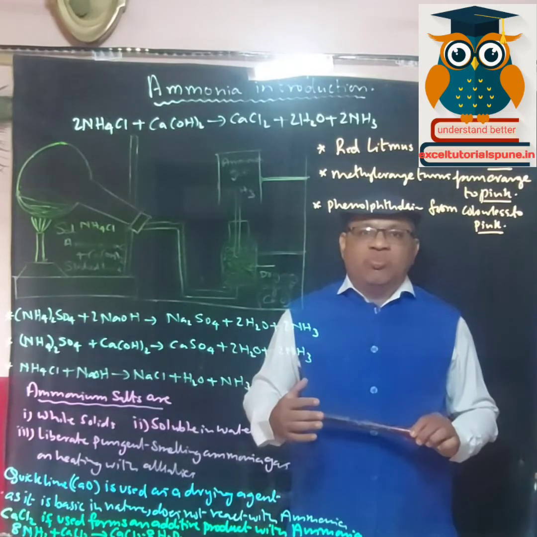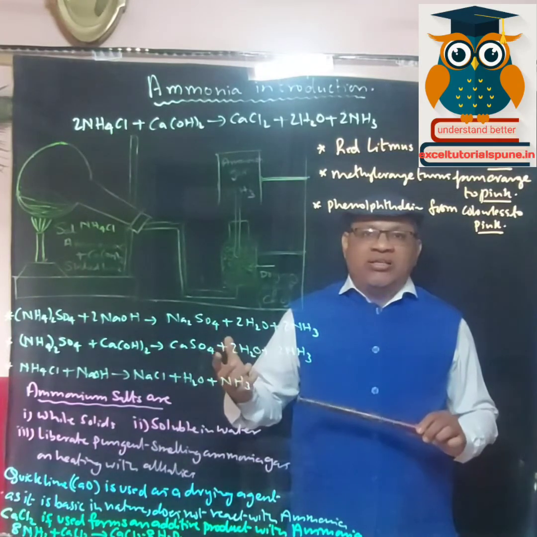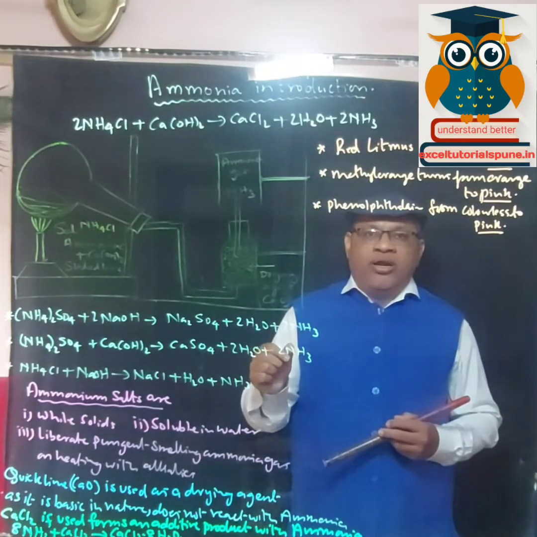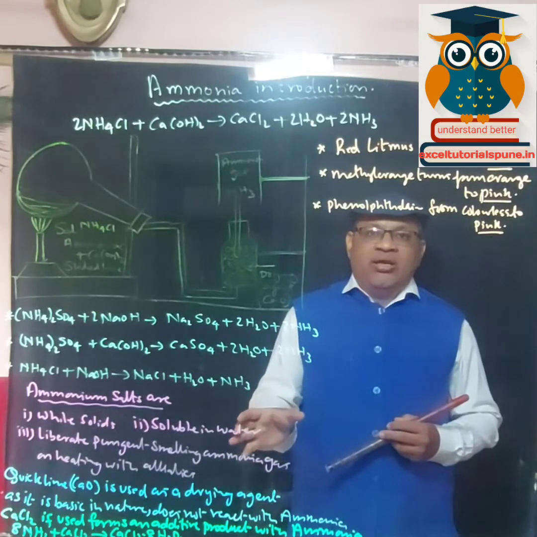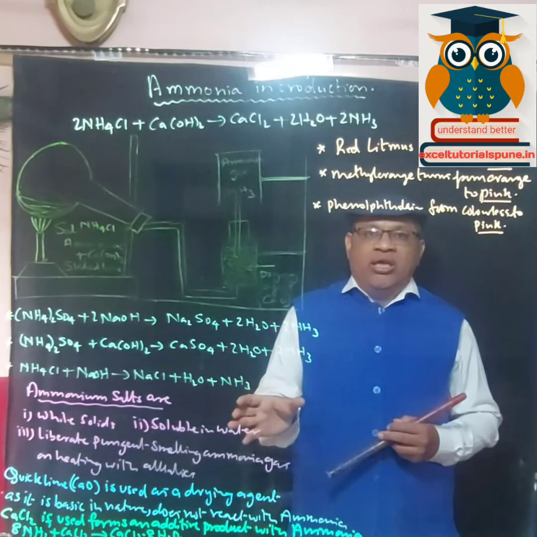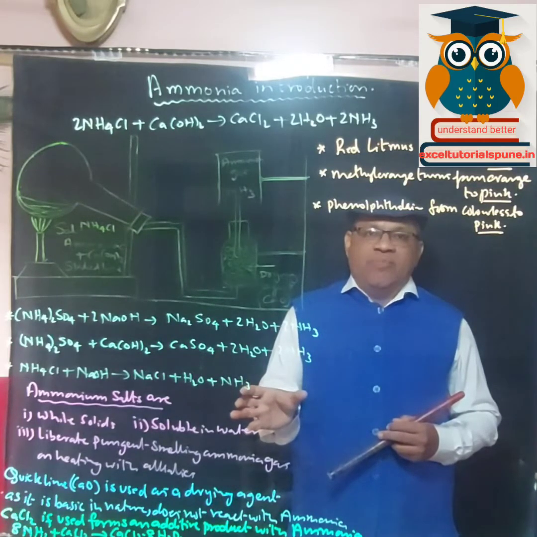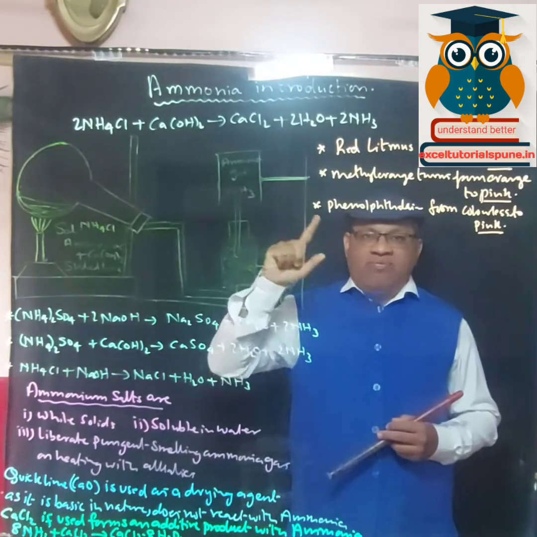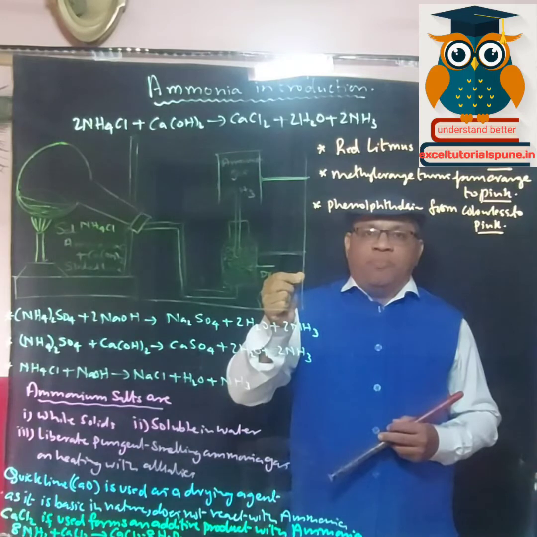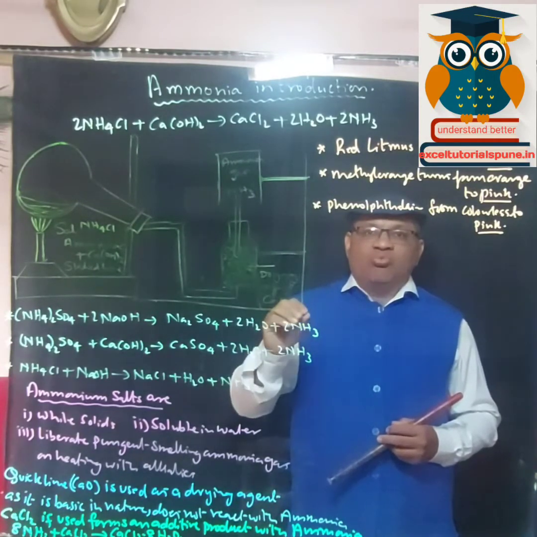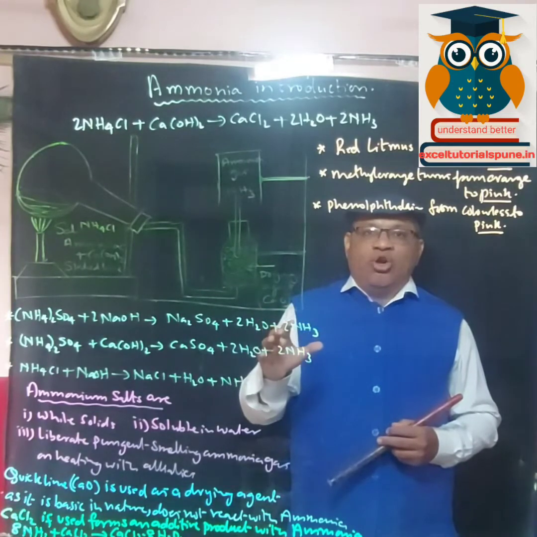In the fountain experiment we take a big inverted flask and fill it with ammonia gas, and down in a beaker we take water, and the color of the water should be red, a red litmus solution we can say. There is a dropper near the flask, and when you squeeze the dropper which contains water, the reaction starts. Ammonia reacts with water to form ammonium hydroxide, called liquor ammonia.